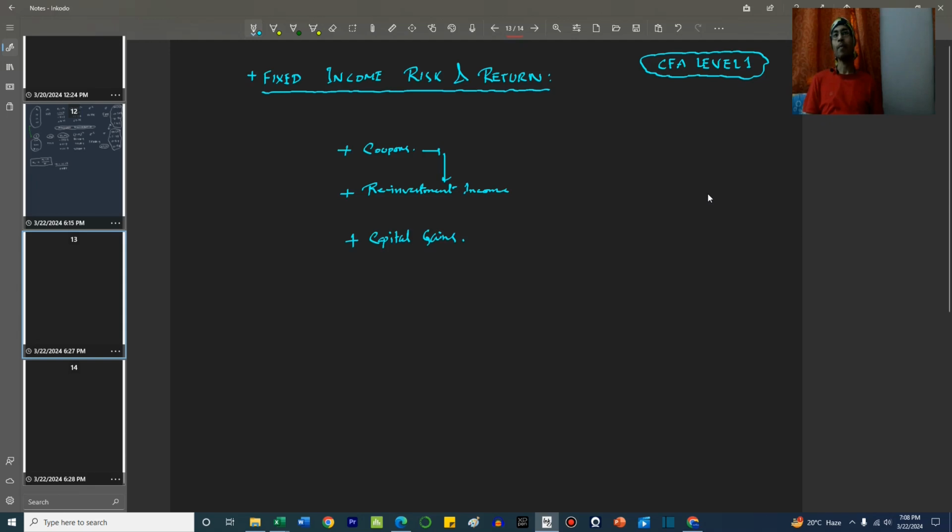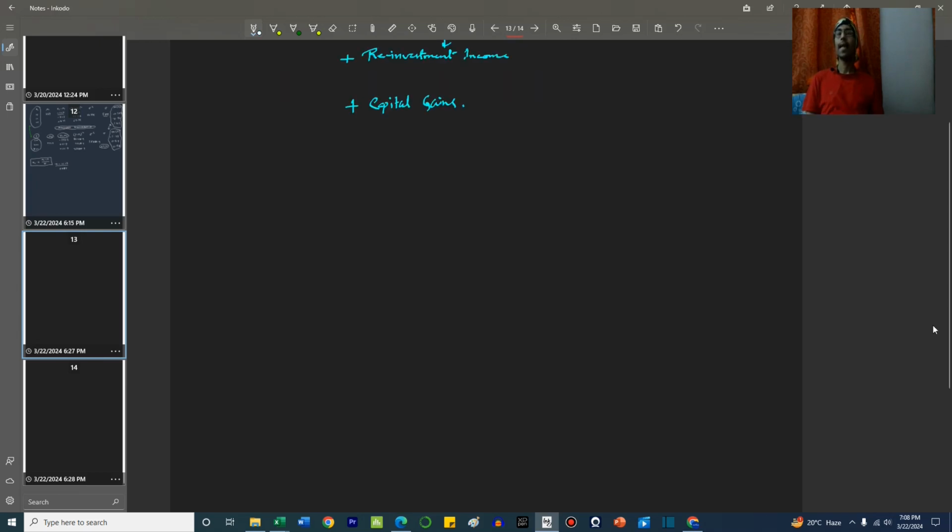Now what are the dynamics of the capital gains, reinvestment returns and the coupons? Let's understand through some examples. Let's say there is a bond with a maturity of 5 years. The coupon is 10% and currently it is trading at 85% of par, or 85.